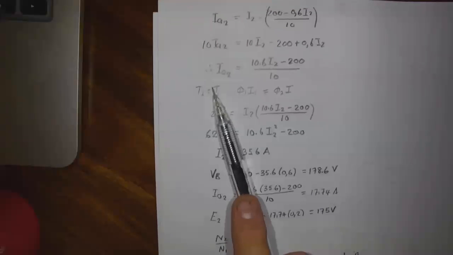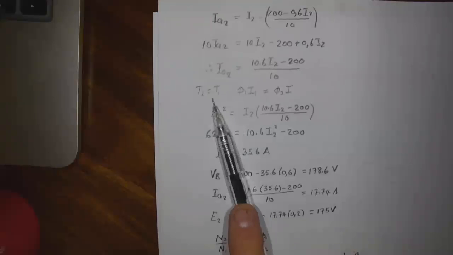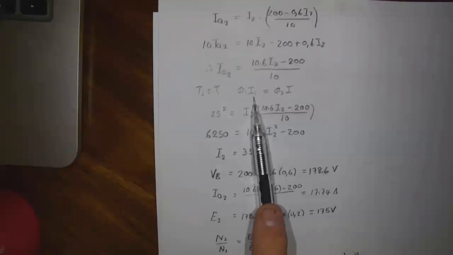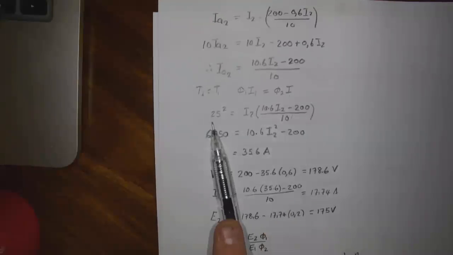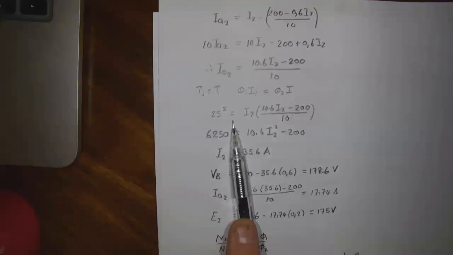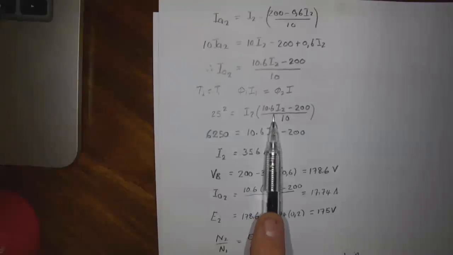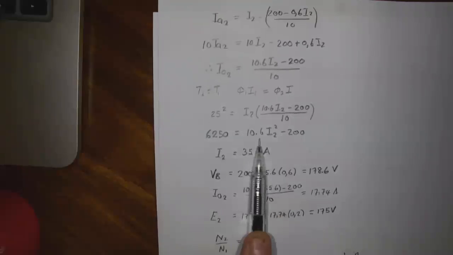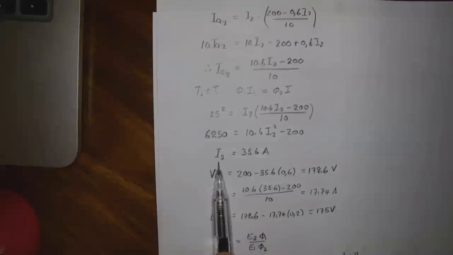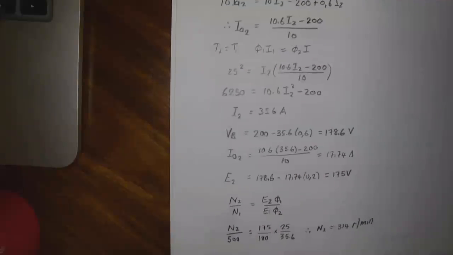And because the flux, the torque, is directly proportional, we get that flux 1 I1 is flux 2 I. So 25 squared is equal to I2 times 10.6 and so on. We multiply and divide, and we get I2 is 35.6 amps.